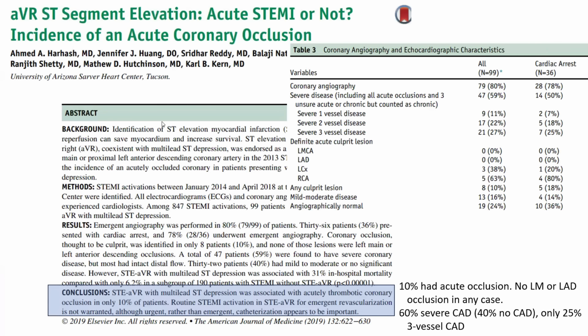And there is this paper in the American Journal of Medicine where they did acute cath on patients with ST elevation in AVR, and they found that 10% had acute occlusion, so the majority didn't, and no left main or LAD occlusion in any case, and 60% of the patients had severe CAD, 40% had no CAD, and only 25% had three-vessel CAD.